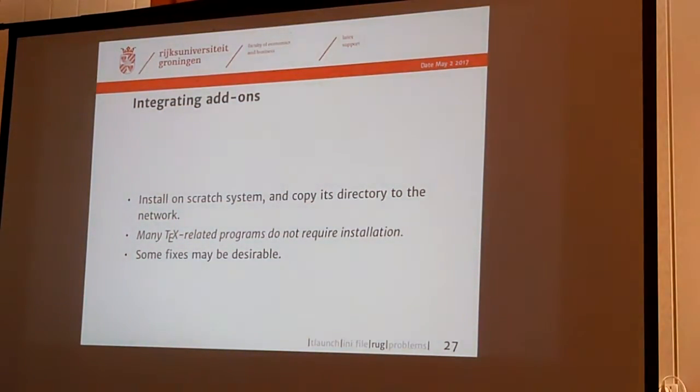And how do I get those extras in? Well, I just install it on a scratch system, and then I copy the directory to the installation, and often that's all that needs to be done. But sometimes you want to do some fixes.